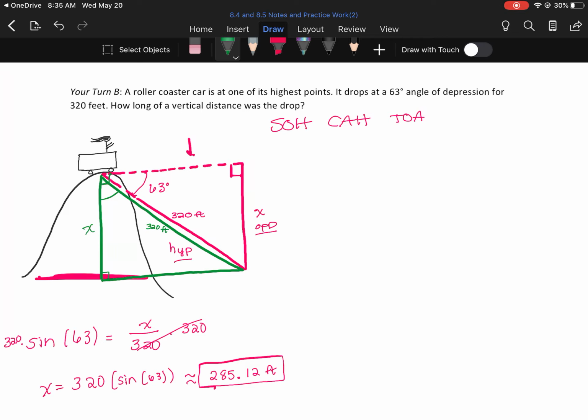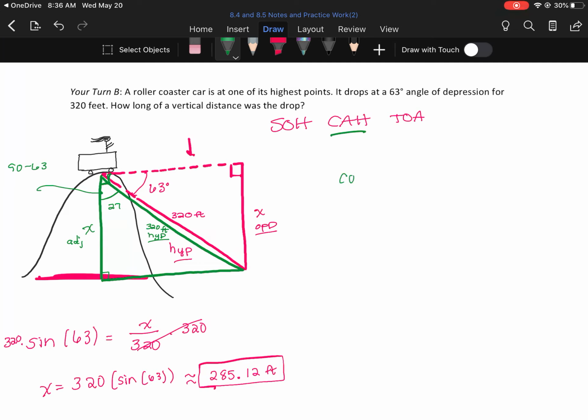Well, those two angles create a right angle. So to find this angle, I'm going to take 90 minus 63. And when we do that, we end up getting 27. So now I can use this green triangle, but according to this green triangle, now I have the adjacent and the hypotenuse. So adjacent and hypotenuse is cosine.